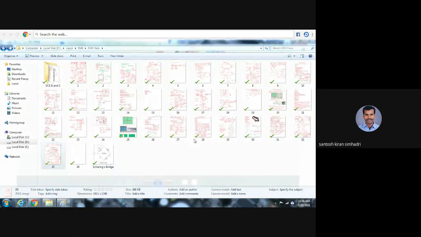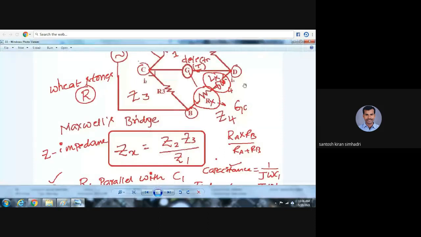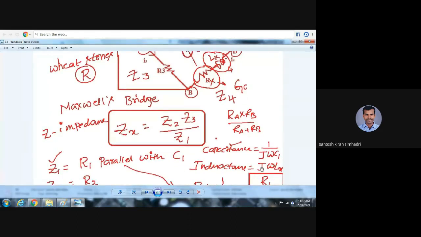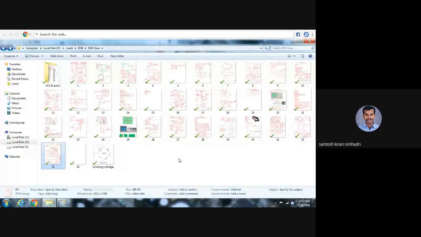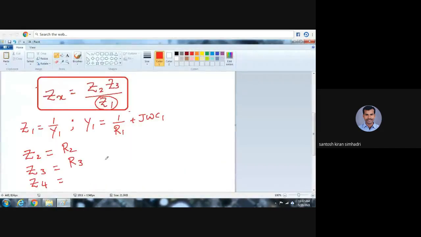What happened in Z4? This Rx is in series with this Lx. What is the expression for series? Simply you can write Rx plus the impedance of the inductance, J omega Lx. So Zx is represented as Rx in series with Lx.